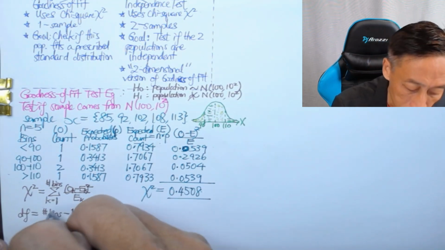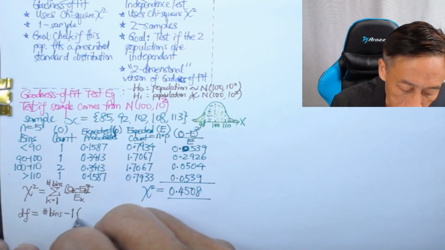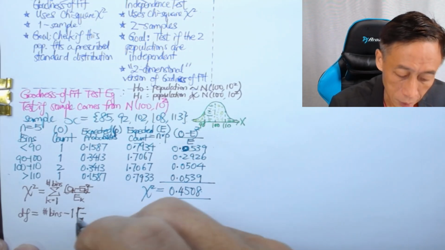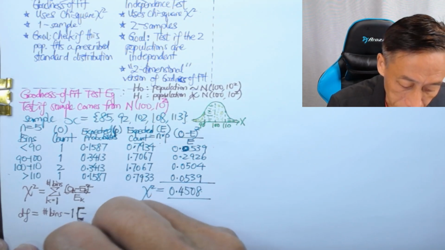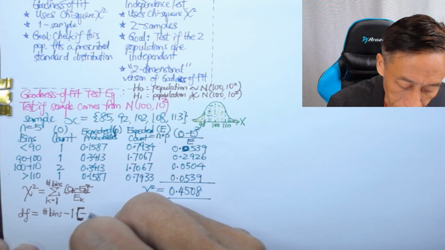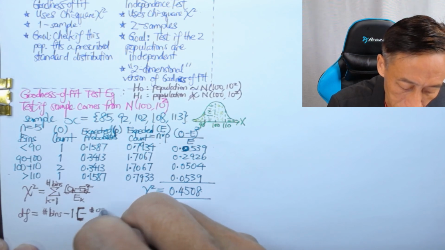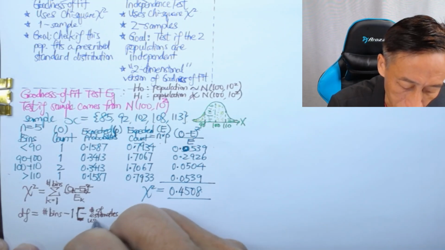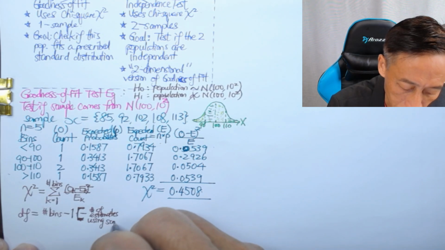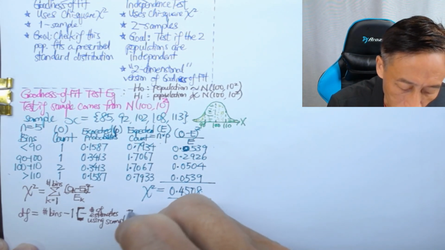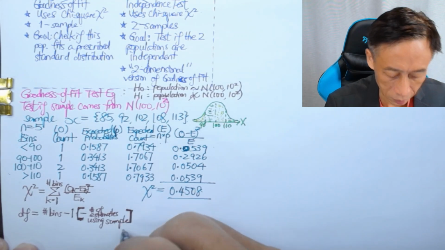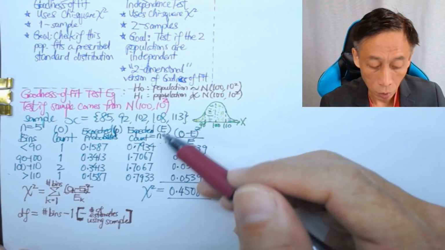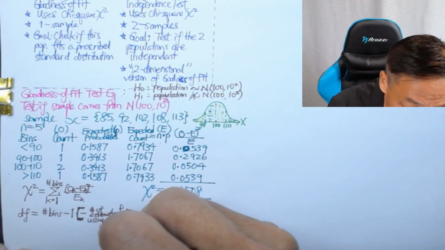Number of bins minus 1, minus any, let me put this square bracket, that means optionally minus any other estimates using sample. What do you mean by that? Well, in our example here, we did not use any estimates from our sample. We did not use any estimates for population.